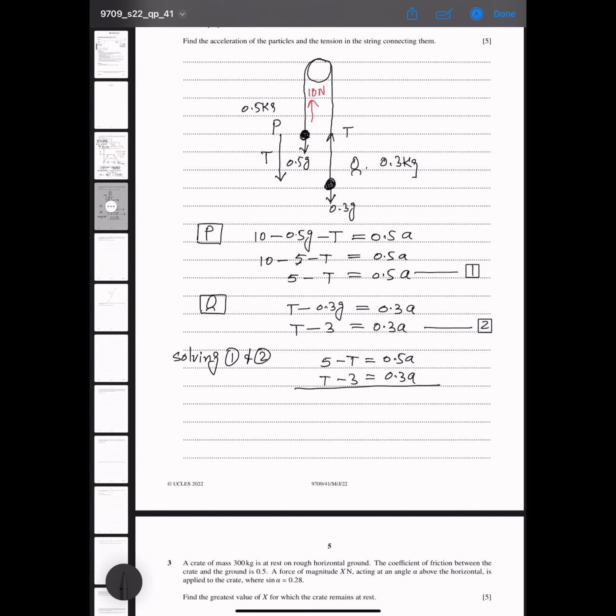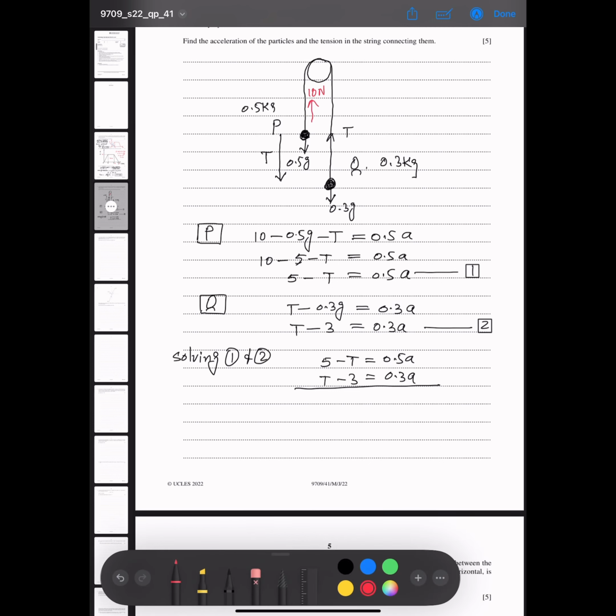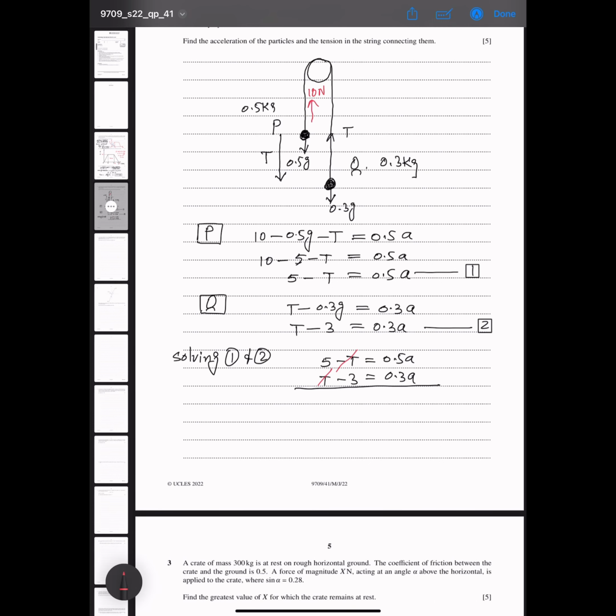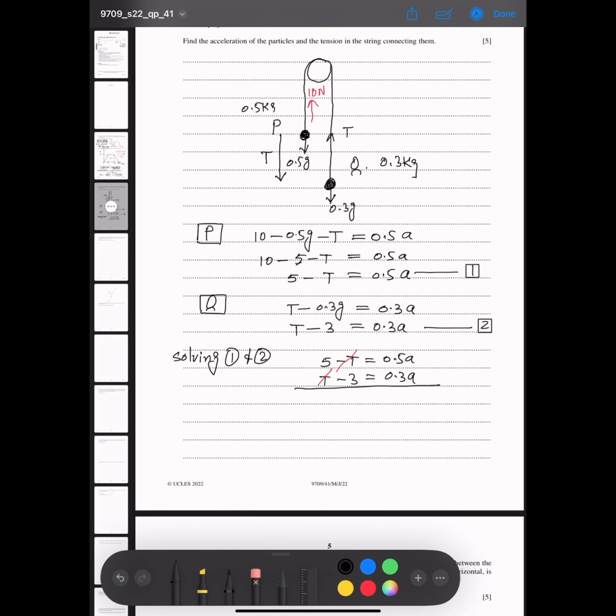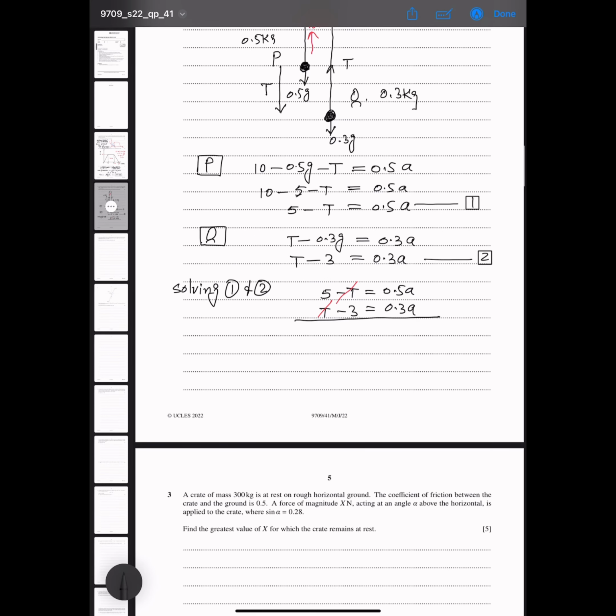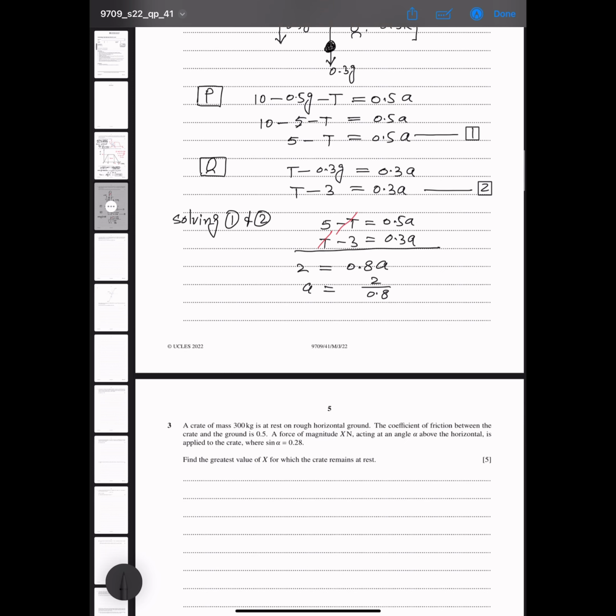When adding, T cancels out, so we are left with 5 minus 3, 2, is equal to 0.8a. Adding the right side as well, from here a is equal to 2 over 0.8. We get 2.5 meter per second square. This is the acceleration.